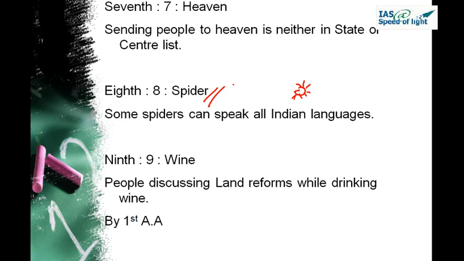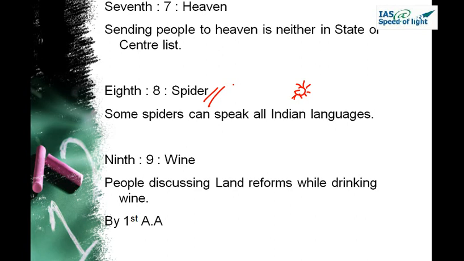So the ninth schedule deals with land reforms. Land reforms means abolition of the zamindari system, which was prevalent before independence. This schedule was added by the First Amendment Act.